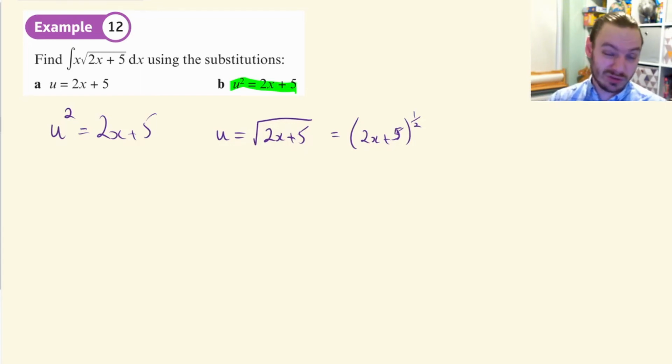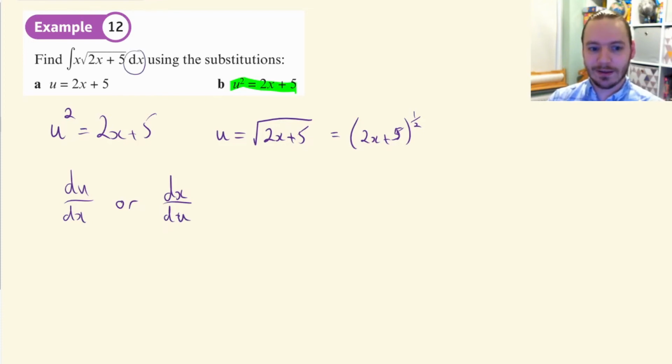Now, you've got two strategies you could use here. One is you could use implicit differentiation and just differentiate it as is, but another way to think about this is to realize that actually I don't need du by dx. I either need du by dx or dx by du, because if I have either of them, then I have the chance to substitute my dx.